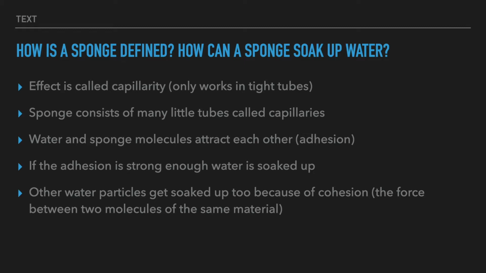If the adhesive forces are strong enough, the water is soaked up into the sponge. The other water particles get soaked up too because of the forces of cohesion, which is the force between two or more molecules of the same material, which in this case is water.